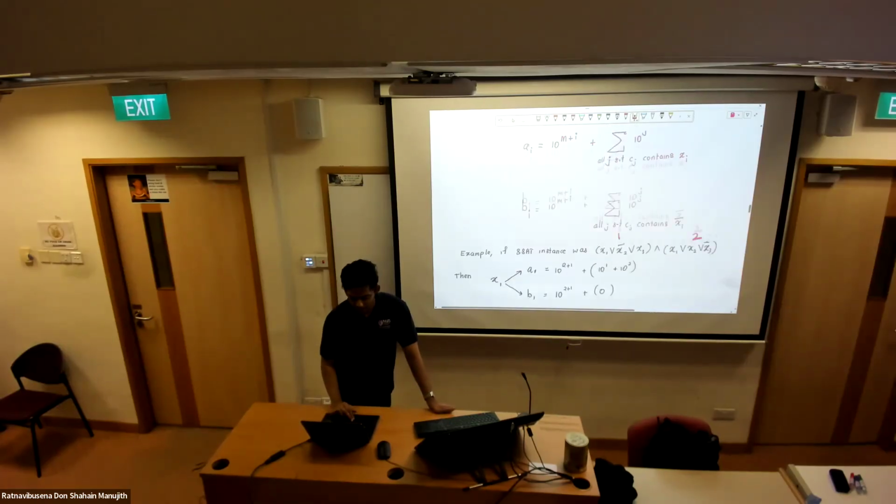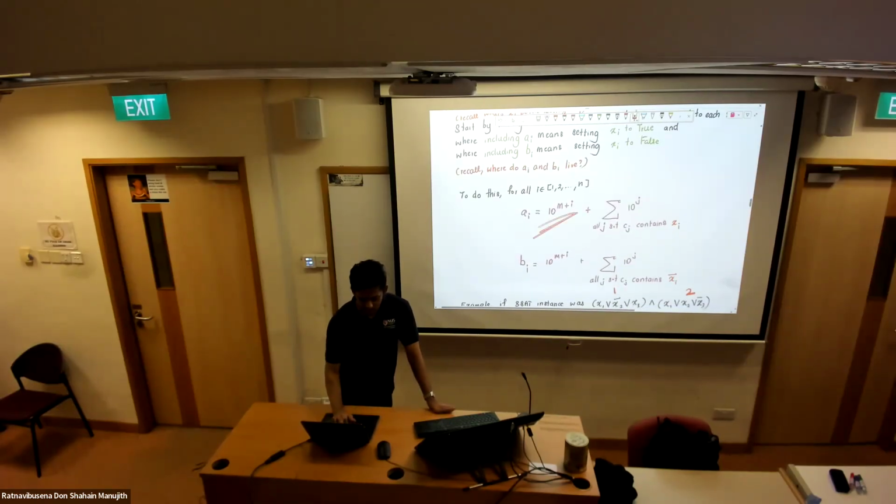And I defined ai and bi in such a way that, if you consider the number 10^(n+3), for example, where i is 3, 10^(n+3) is 1 only in a3 and b3.